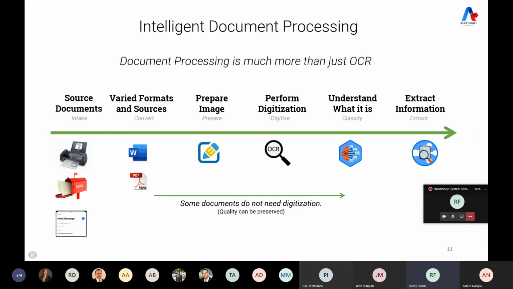Document processing is much more than just OCR. OCR is just looking to find the words on the page and digitize those words, so that instead of being image marks, we get them into text format. But document processing is a wide range of applications.